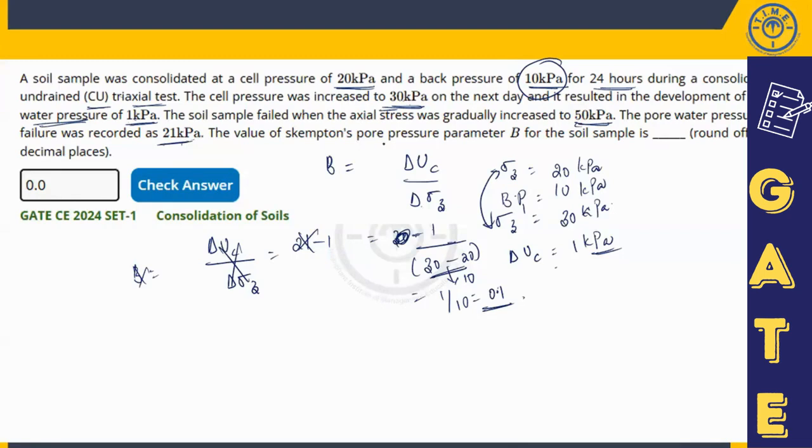Therefore, B equals delta UC by delta sigma 3, and delta sigma 3 is sigma 3 dash minus sigma 3, that is 30 minus 20, 10 kilopascal. Delta UC is given as 1 kilopascal.